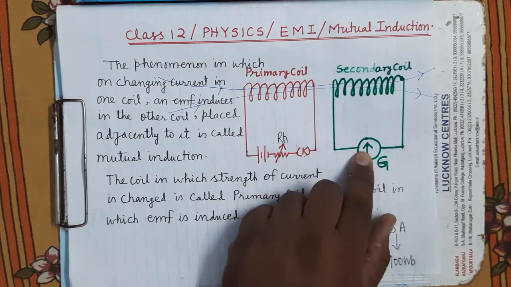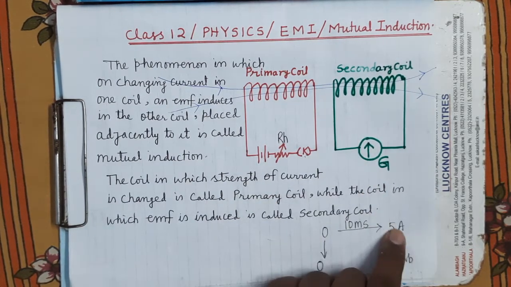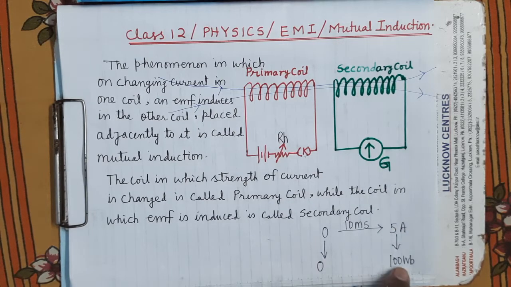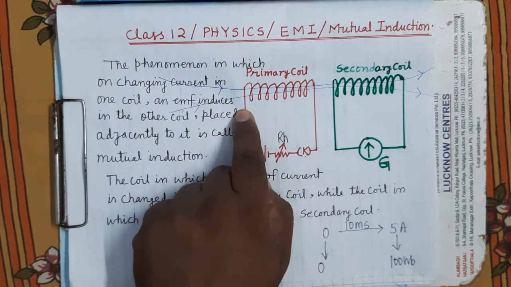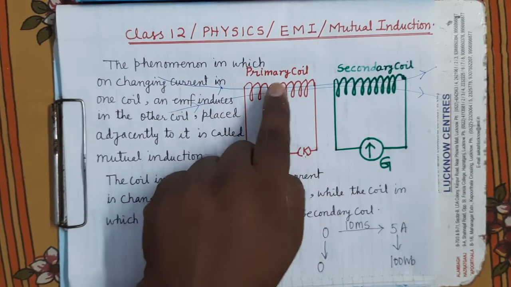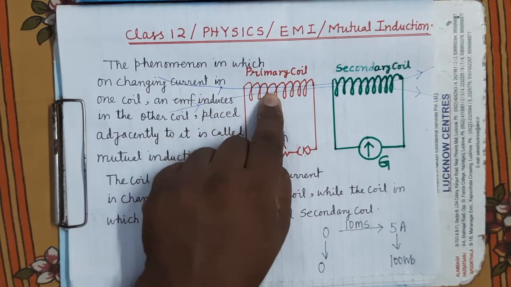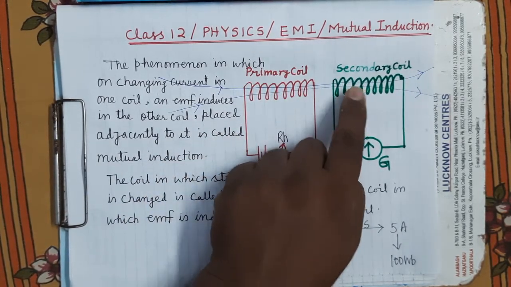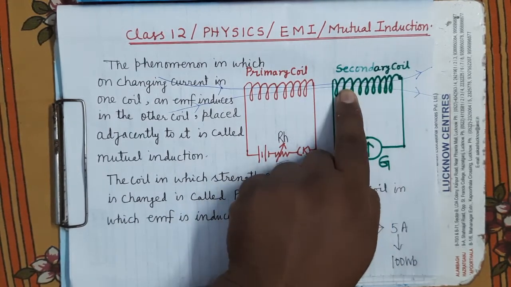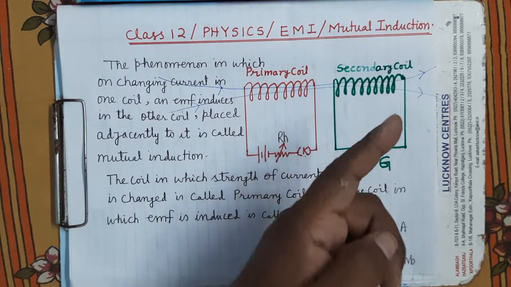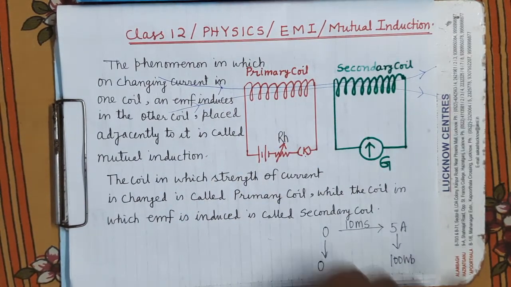But this deflection will persist only for the time for which the current is varying, for which the flux is varying. Once the current becomes constant, there is a constant production of magnetic flux, and therefore a constant linkage of magnetic flux here. There will be no change of magnetic flux, therefore no induced EMF, no current, no deflection.